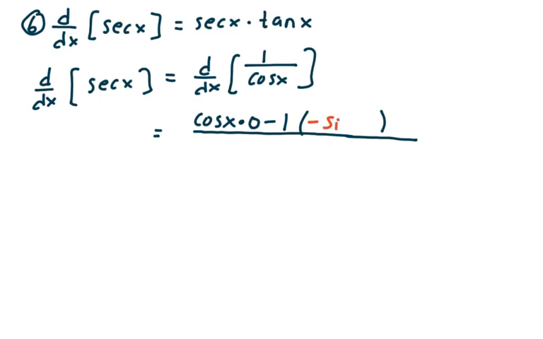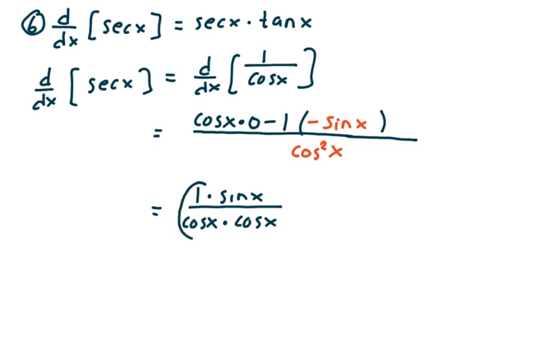So I'm going to put that in red. And remember, a negative times a negative is a positive, right? And I'm going to divide by the bottom raised to the second. Okay? So this is 1 times sine of x divided by cosine x times cosine x.